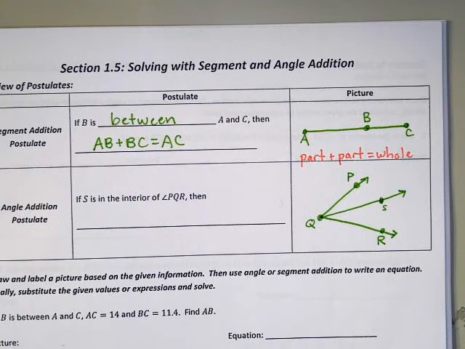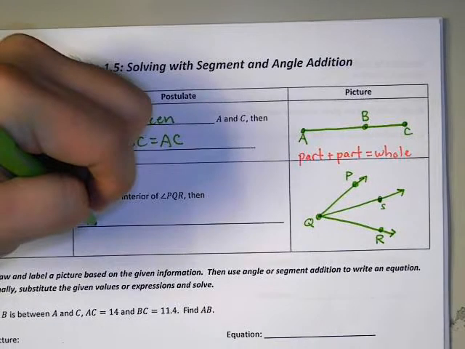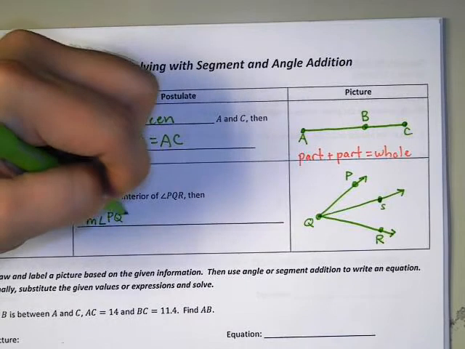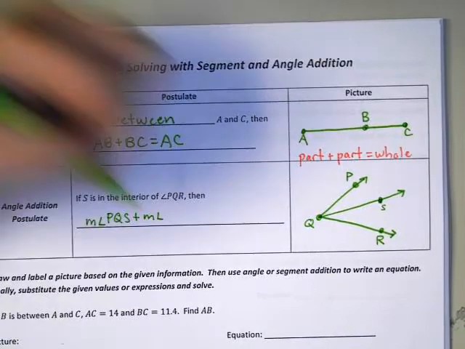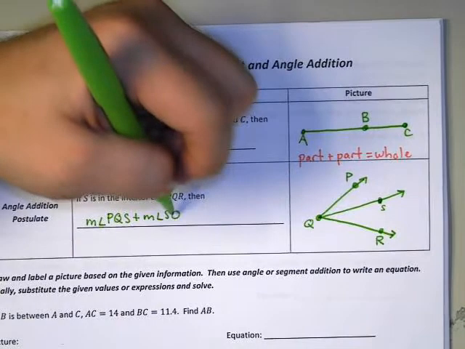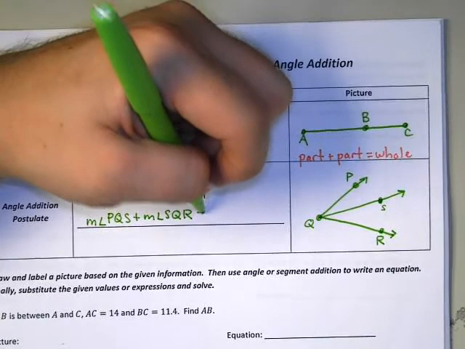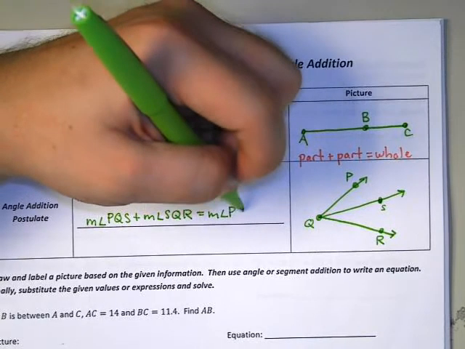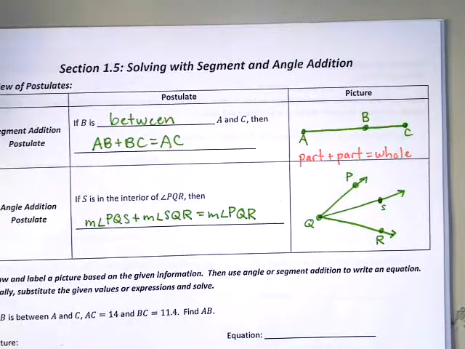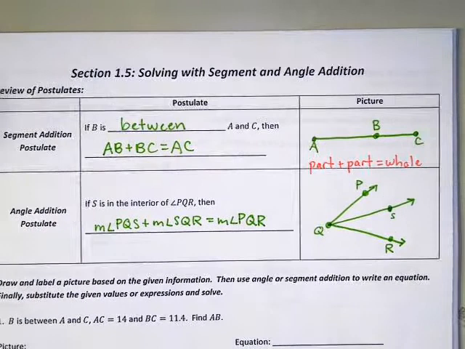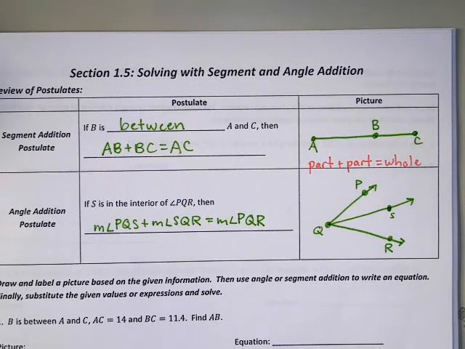But please remember, it's the measure of each part. So it's the measure of angle PQS plus the measure of angle SQR is equal to the measure of angle PQR. Okay? So this should all be review. We should understand this.